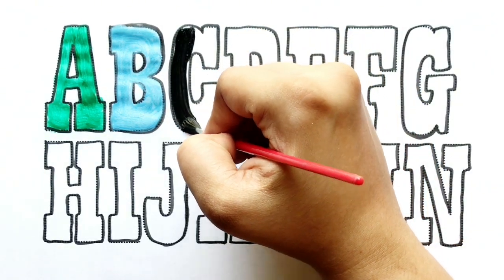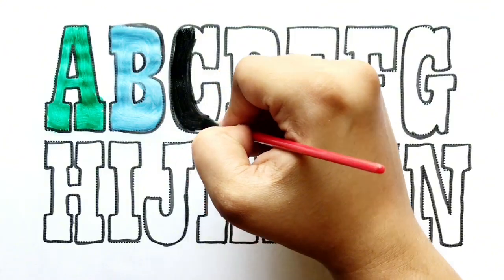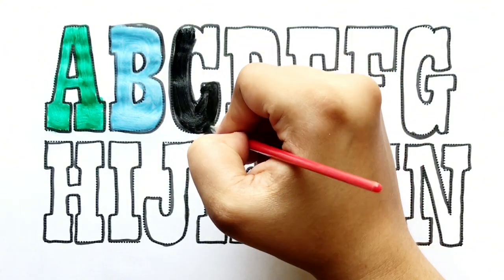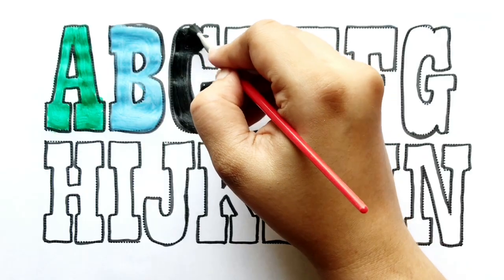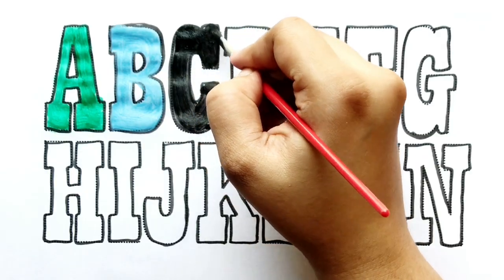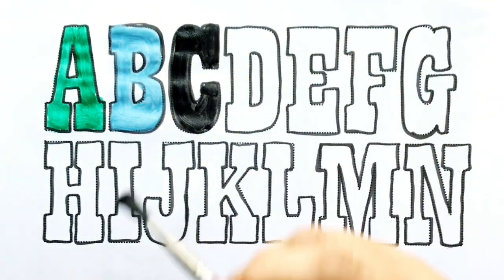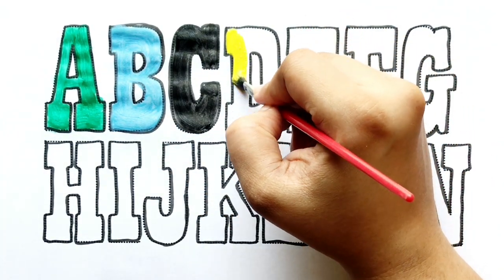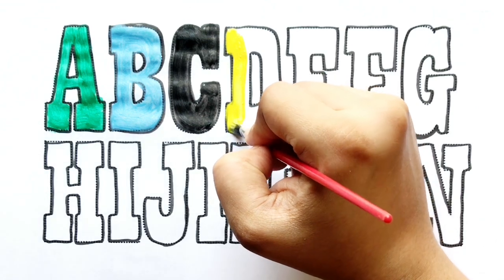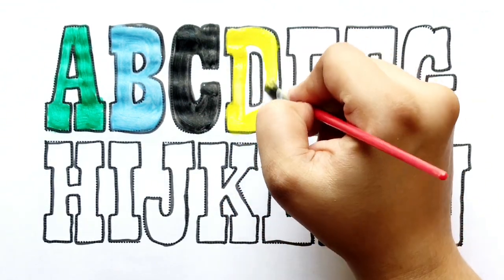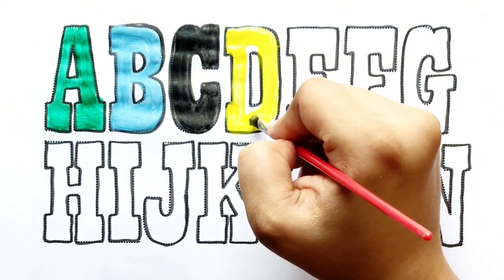Black color. C for cow. Yellow color. Uppercase letter D. D for dolphin.